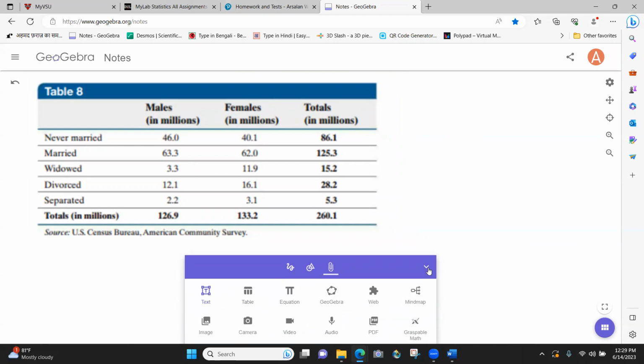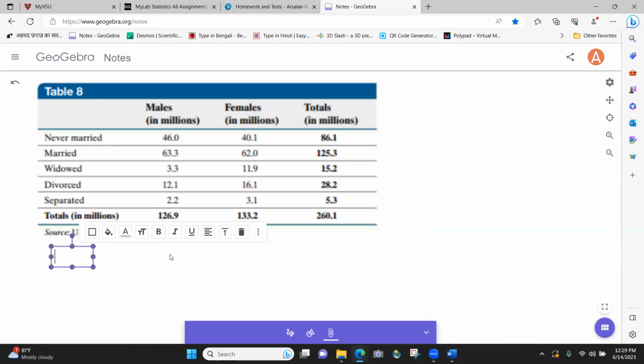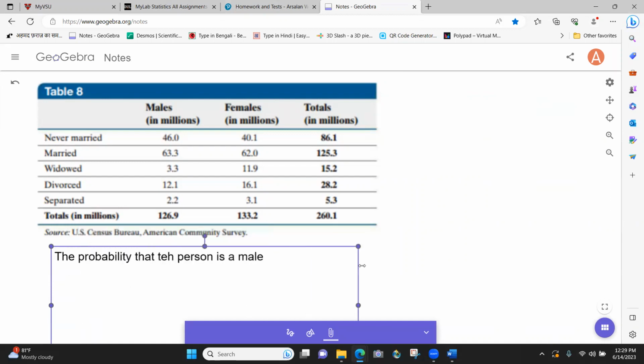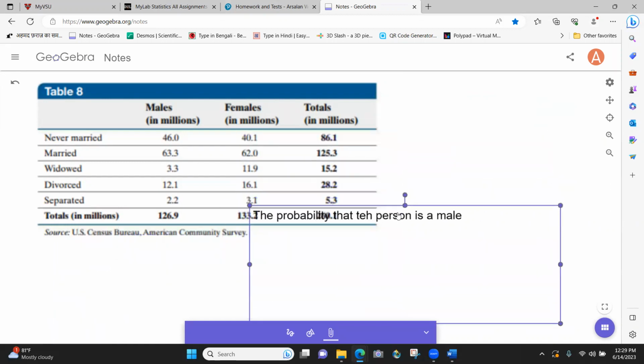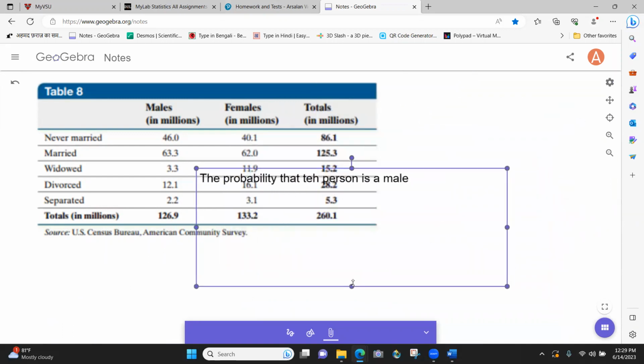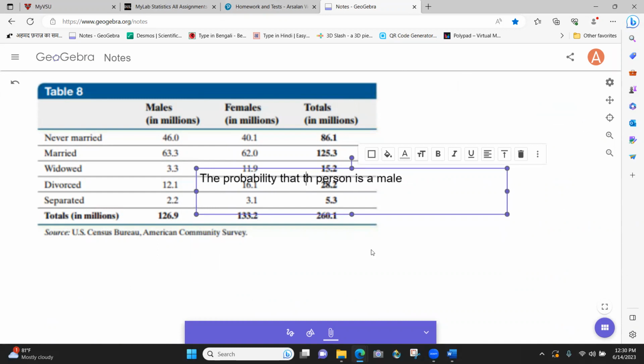If I say I want you to find this, what's the probability that you pick a person here, and the person is a male, given that he is widowed.